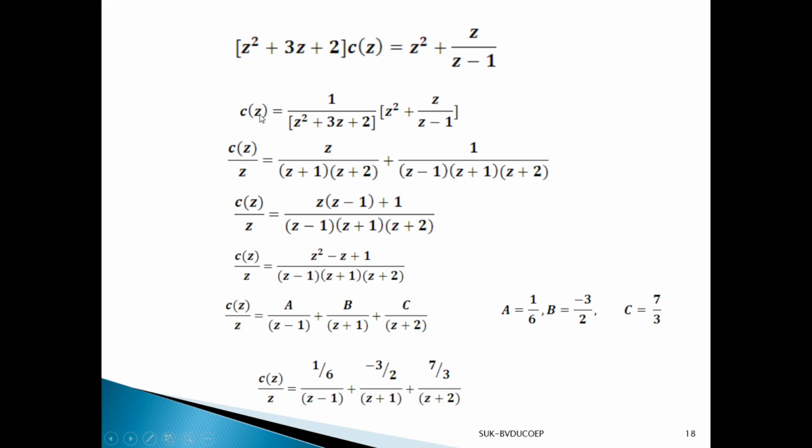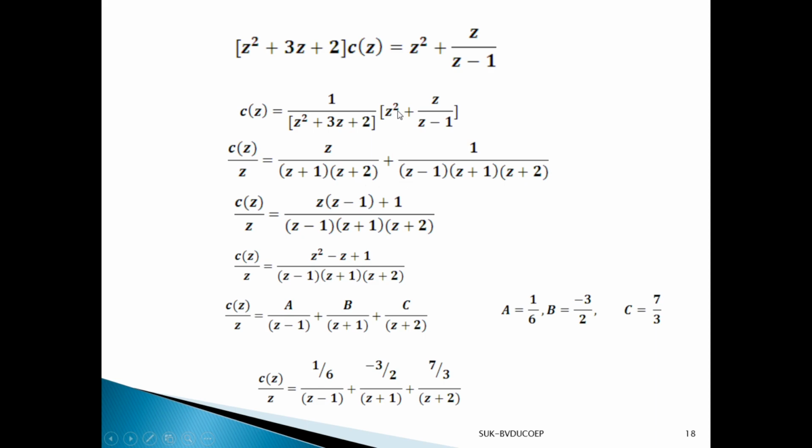Generally what we said last time is z should be in the denominator, so that Cz upon z is equal to, here I have divided by z. Now z square plus 3z plus 2 factorizes as (z plus 1)(z plus 2).